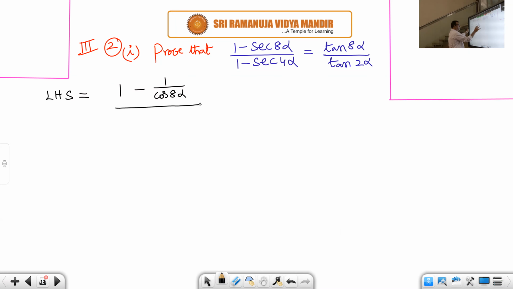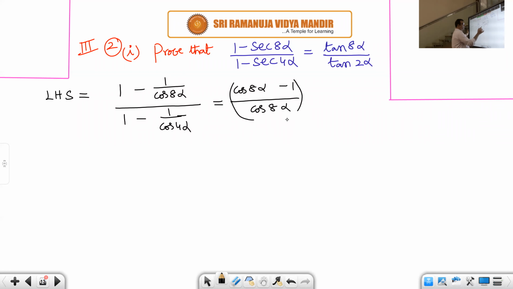Similarly, denominator, tell me, Tanmay, 1 minus what? 1 minus 1 by cos 4α, sir. Right. So numerator is (cos 8α − 1)/cos 8α divided by denominator.